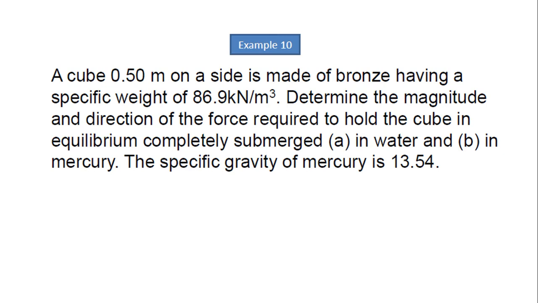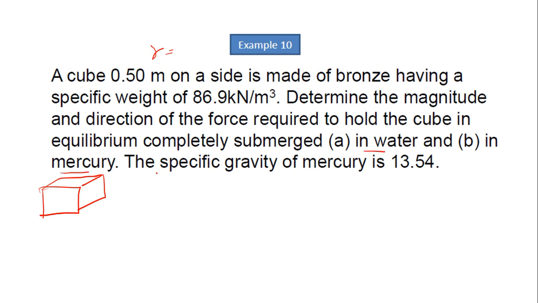Okay, a cube, 0.5 meter on a side. So a cube, that means all sides are 0.5 lah. A cube, so 0.5, 0.5, 0.5. Made of bronze, having a specific weight of 86.9 kilonewton per cubic meter. So they give you the specific weight. Determine the magnitude and direction of the force required to hold the cube in equilibrium completely submerged in water and in mercury.